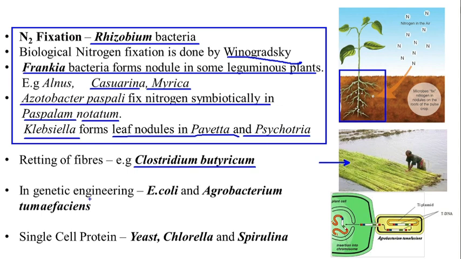Genetic engineering requires different recombinations of DNA, and there are particularly two bacteria which play a very important role in genetic engineering. The first one is E. coli and the other one is Agrobacterium tumefaciens. These bacteria are extensively used in genetic engineering.